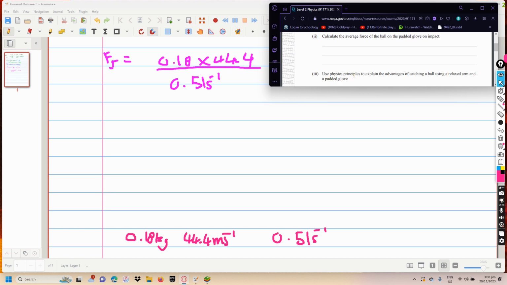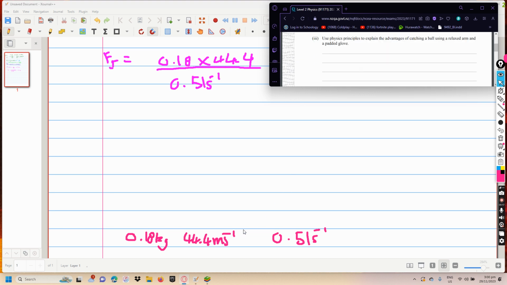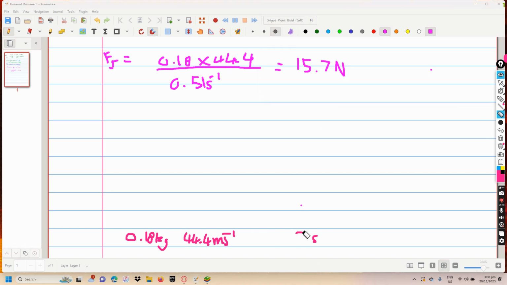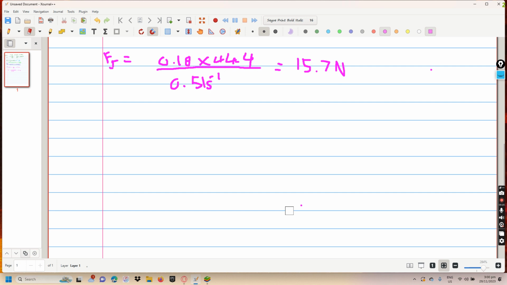Okay, and then explain why the padded glove is useful.